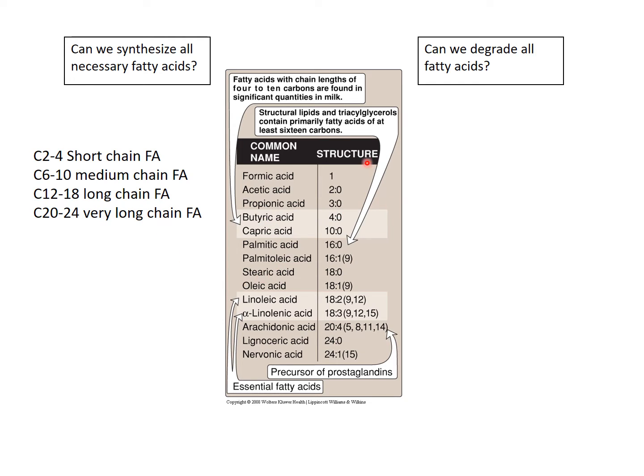So these are the short chain, these are the medium chain, and these are the long chain fatty acids, and from 18 and up is actually very long chain fatty acids. And you see that the essential fatty acids actually are long chain fatty acids.